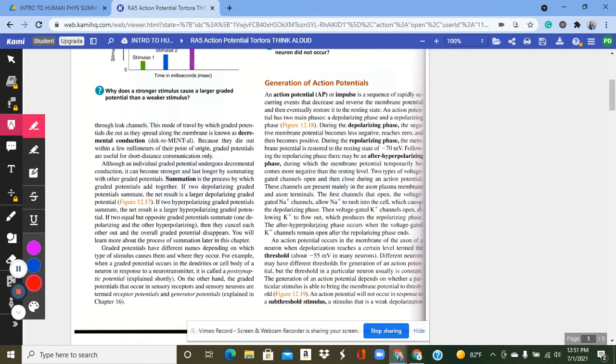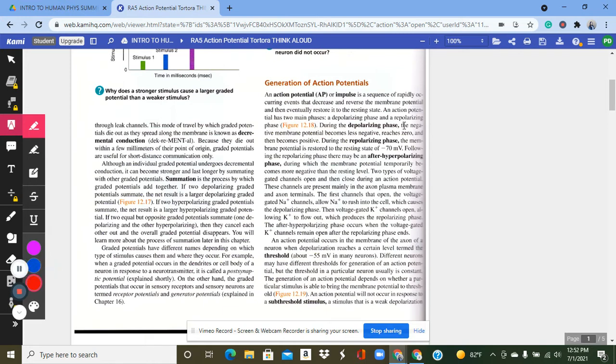Then voltage-gated potassium channels open, allowing potassium to flow out, which produces the repolarizing phase. The after-hyperpolarizing phase occurs when the voltage-gated potassium channels remain open after the repolarizing phase ends.